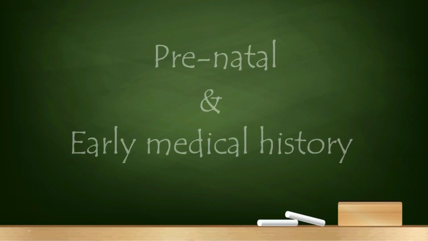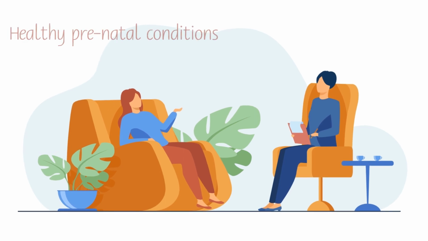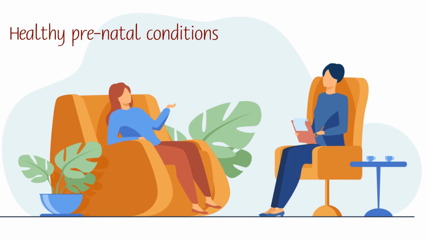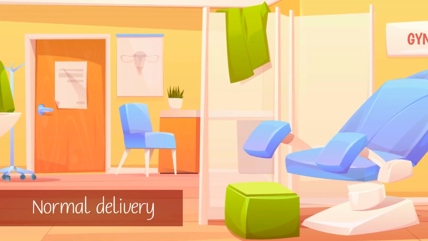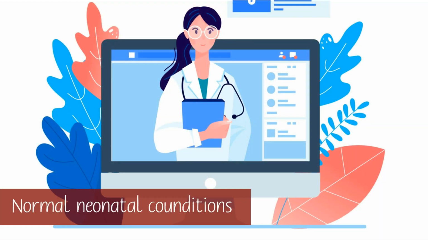The psychologist briefly inquired with the mother about Seema's prenatal and early medical history. The mother said that she did not smoke or drink alcohol or have any serious medical ailment when she bore Seema in her womb. The mother also had a normal delivery. Seema did not have any complications during or after birth.